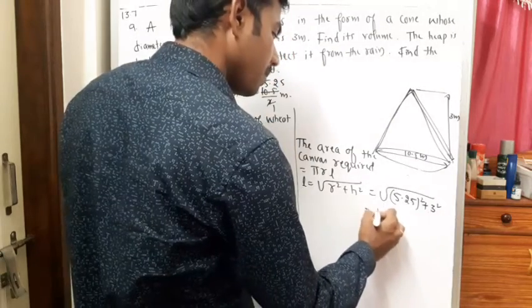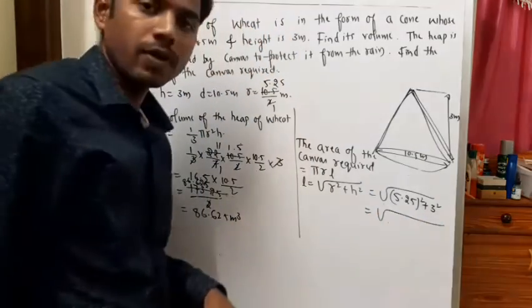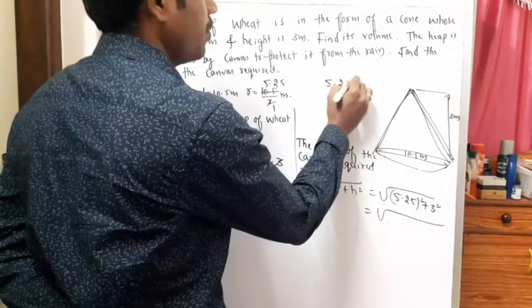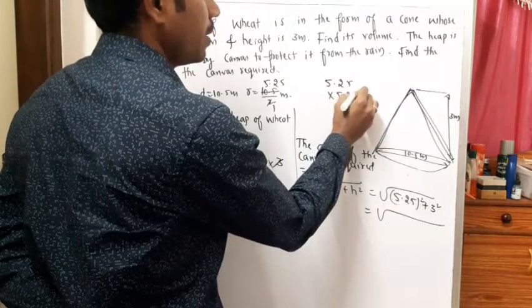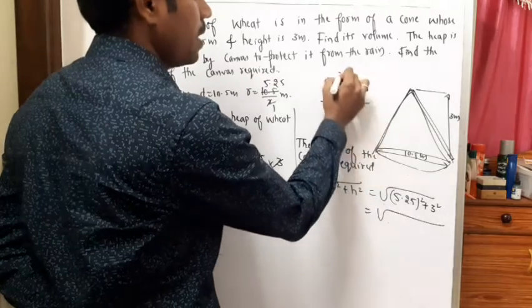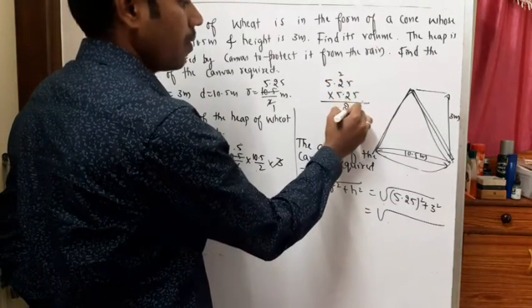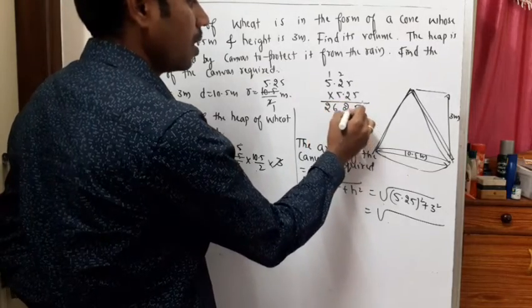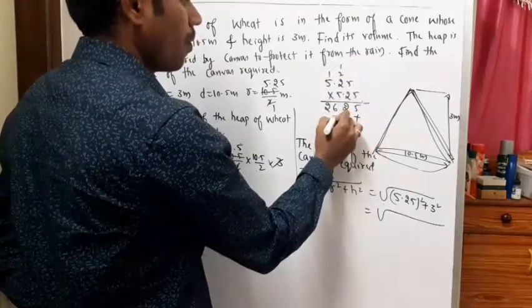Now 5.25 whole square is nothing but 5.25 into 5.25. 5 5s are 25, carry 2, 5 5s are 25 plus 1, 26.